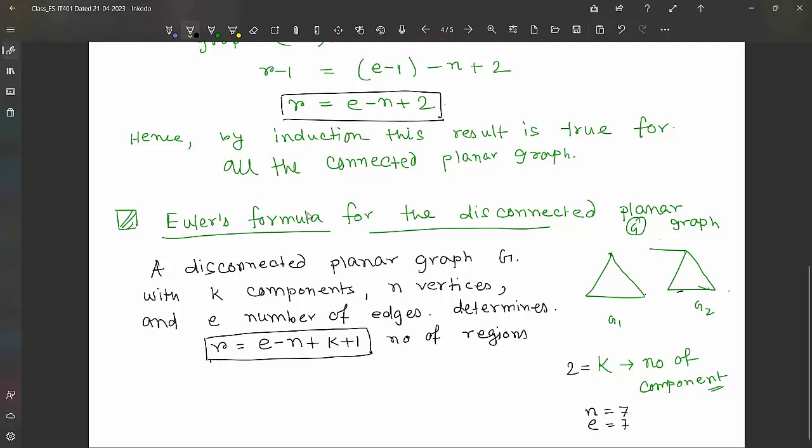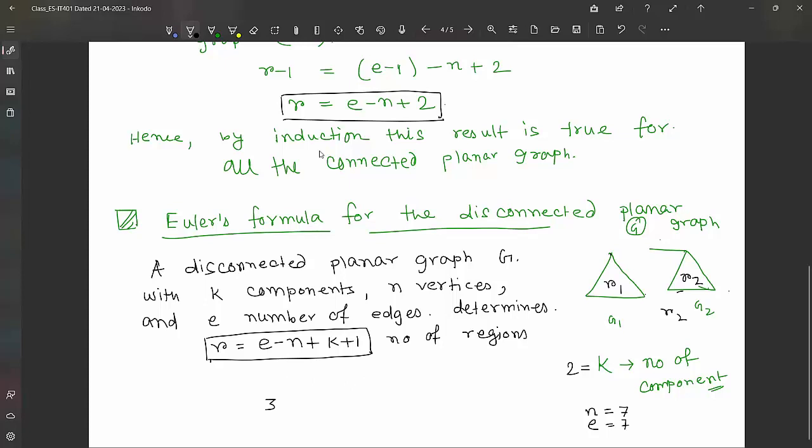And what is k? K is equal to 2. So now put all these values: e is equal to 7, n is equal to 7, plus k is equal to 2 and plus 1. That means a total of 3 regions are there, and you can see the regions. This is R1 and this is R2, and the outside portion is the other region. So here we have verified that this holds for the disconnected graph.